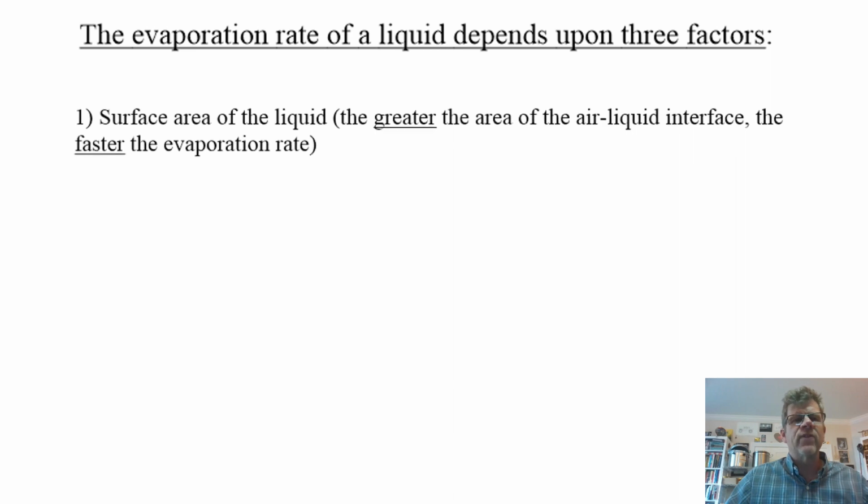And the last one is going to be two different liquids, comparing them based upon their strength of intermolecular forces. But the first criterion, which defines the evaporation rate, would be the surface area of the liquid. The surface area, that is the area of the air-liquid interface.